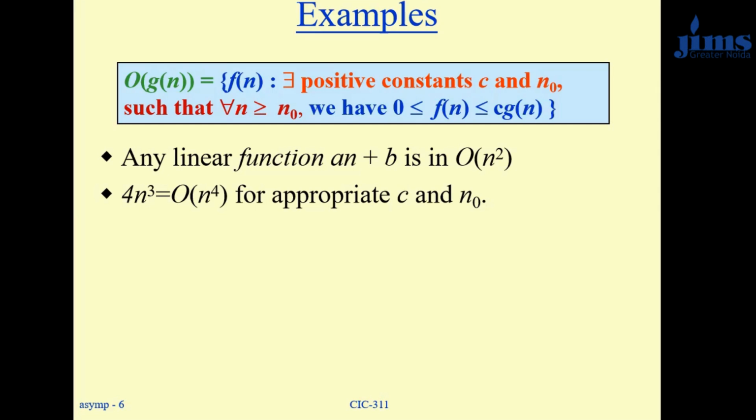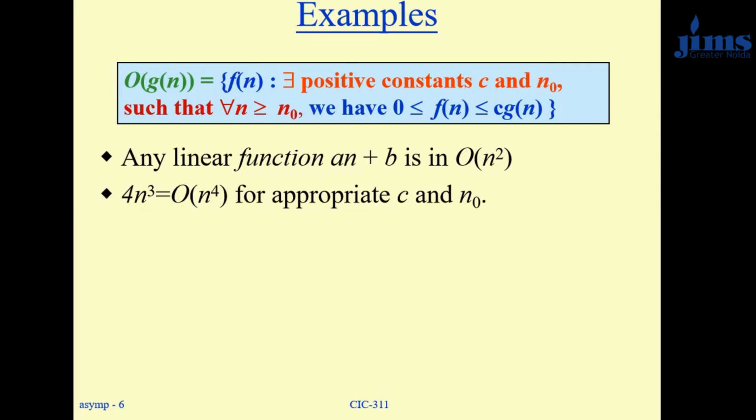Now g(n) is n square. So we know that values of n square will be greater than that of the linear function a(n plus b), though since b is getting added, in the beginning the value of c n square might be smaller than that of the function. If a is a quite large positive value and b is also a quite large positive value, then in the beginning a(n plus b) will always be greater.